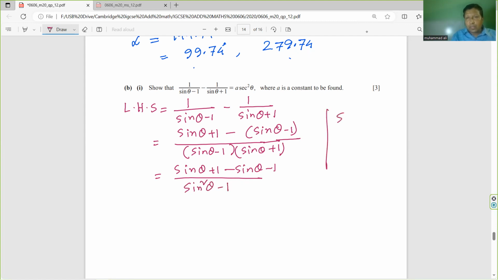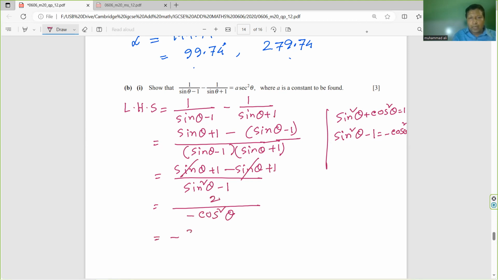We know sine square theta plus cos square theta equals 1. So sine square theta minus 1 equals minus cos square theta. So instead of sine square theta minus 1, we can write minus cos square theta. And the sine theta and minus sine theta cancel, and it will be plus 1 plus 1, which is 2.